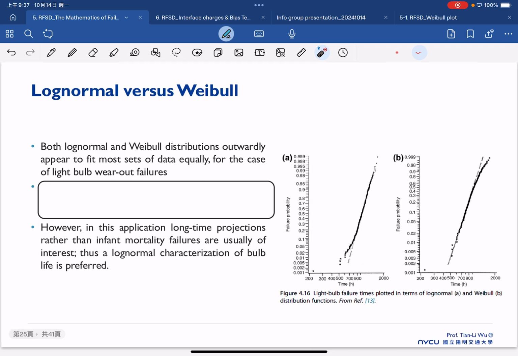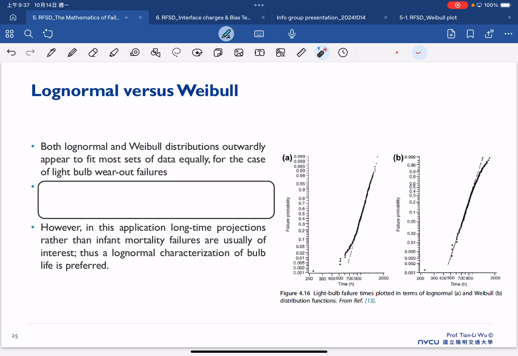Okay, so then the question that comes to us is how do we differentiate the log normal and the Weibull distribution? How do we know when we can use the log normal and when we can use the Weibull distribution? Basically, this question is still kind of a debate, even at the moment.